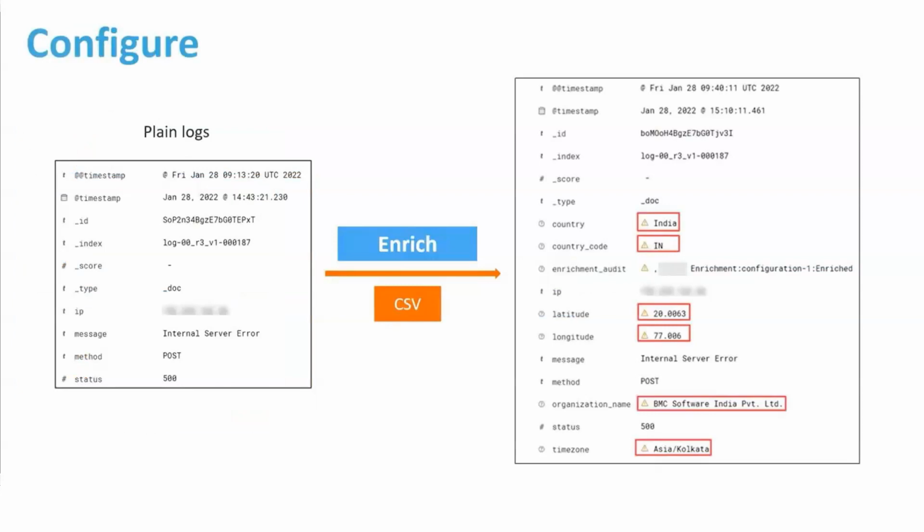Next is configure. For troubleshooting an issue with logs, problem analysis can be difficult due to the lack of relevant context, which leads to an increase in the mean time to repair. Enrich the collected logs by using CSV files so they are visualized better and bring out useful information.